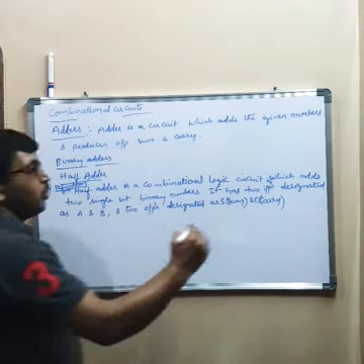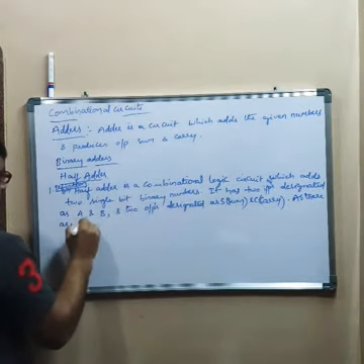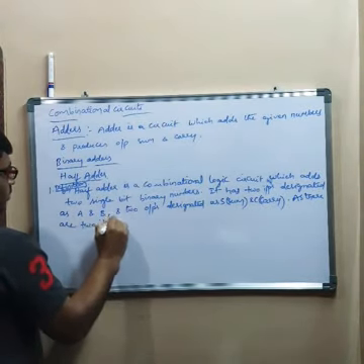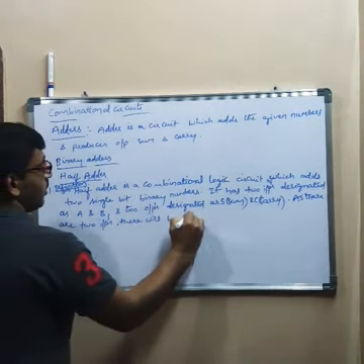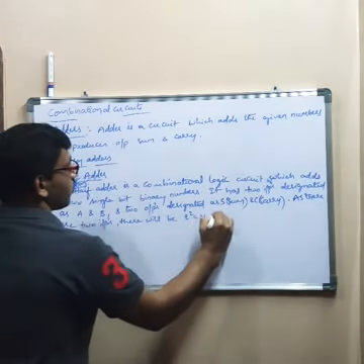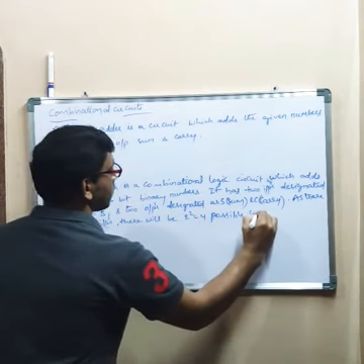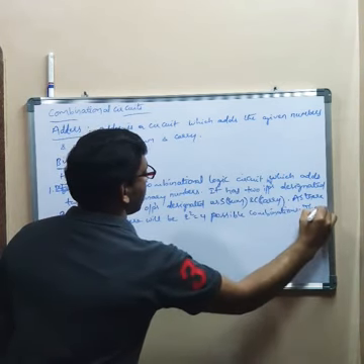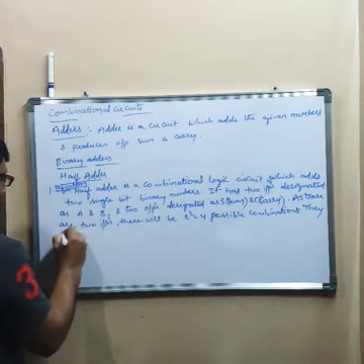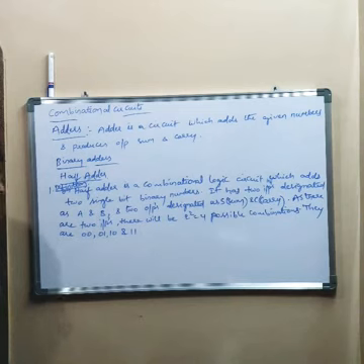As there are two inputs, how many possible combinations will there be? There will be 2 power 2 is equal to 4 possible combinations. What are the possible combinations? 0 0, 0 1, 1 0 and 1 1, right? So this is the definition.